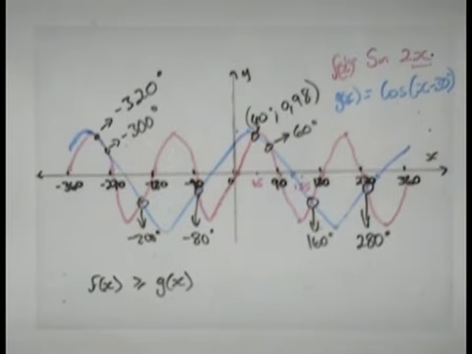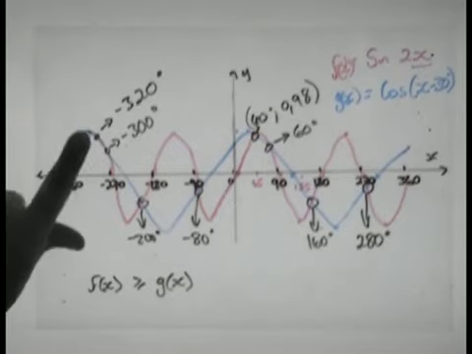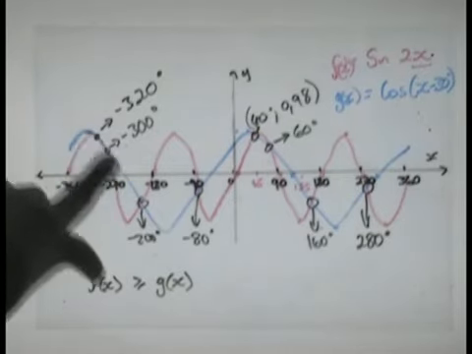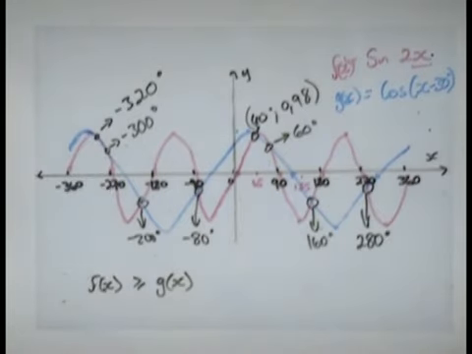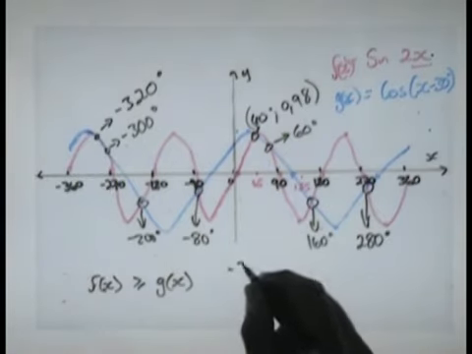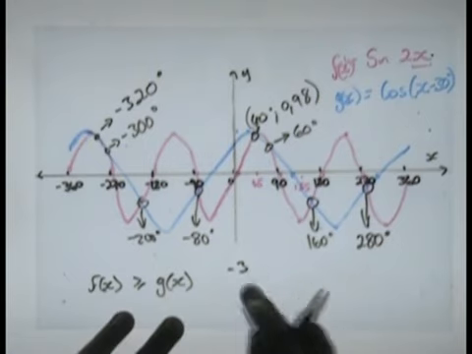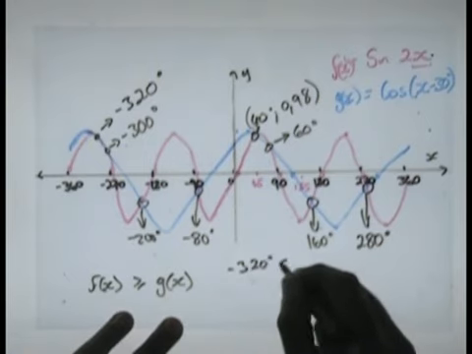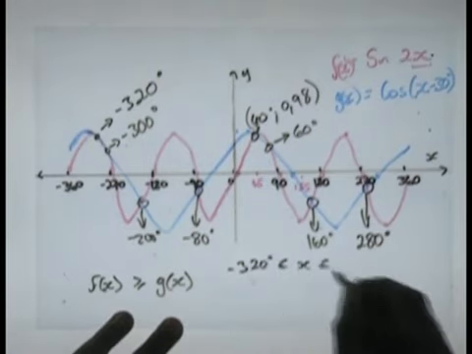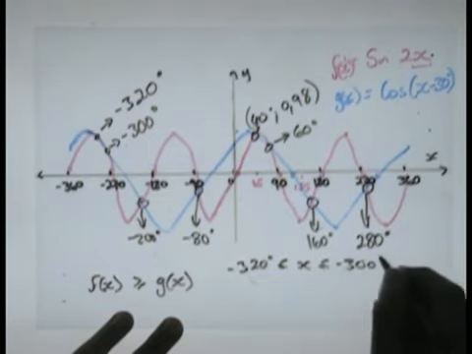Basically, I'm asking for which angles, or rather for which x values, is the red graph higher than the blue graph. It's going to be higher than the blue graph over there, even though it doesn't look like it. So that's from negative 320 degrees all the way up until negative 300 degrees.